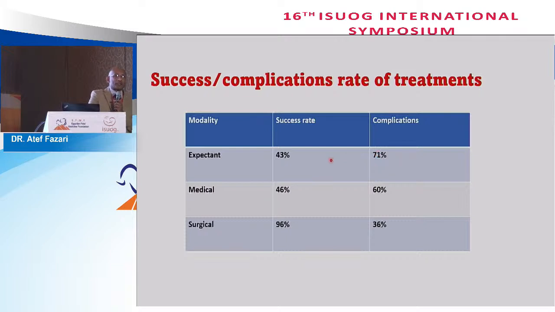The success rate of surgical management for cervical pregnancy is high, almost 95% or even more, with a lower rate of complications. Most probably the complications are related to the scar pregnancy itself rather than the surgery, because it is usually attempted by an expert person, for example, like infiltrations and so on.